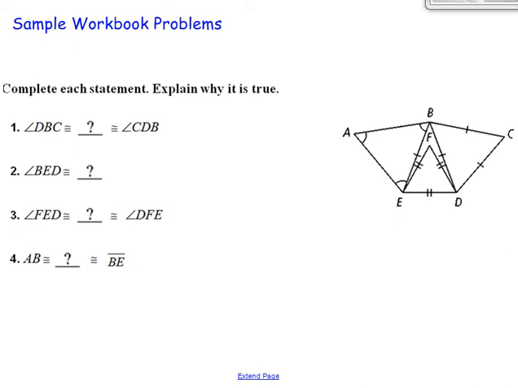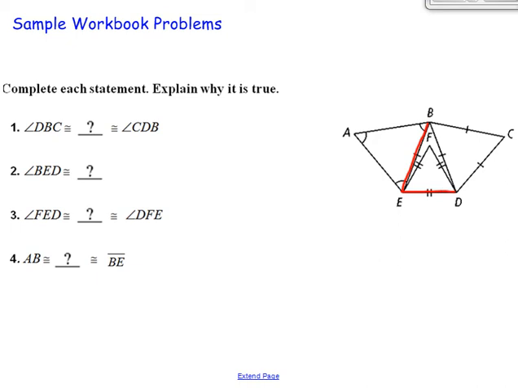What they're asking me to do is to complete each statement here and then explain why it's true. So let's take a look at number 2 here. Number 2 is asking me to tell what other angle is congruent to angle BED. Well, let's come over to the diagram over here and find angle BED. It's right here, BED. Okay?